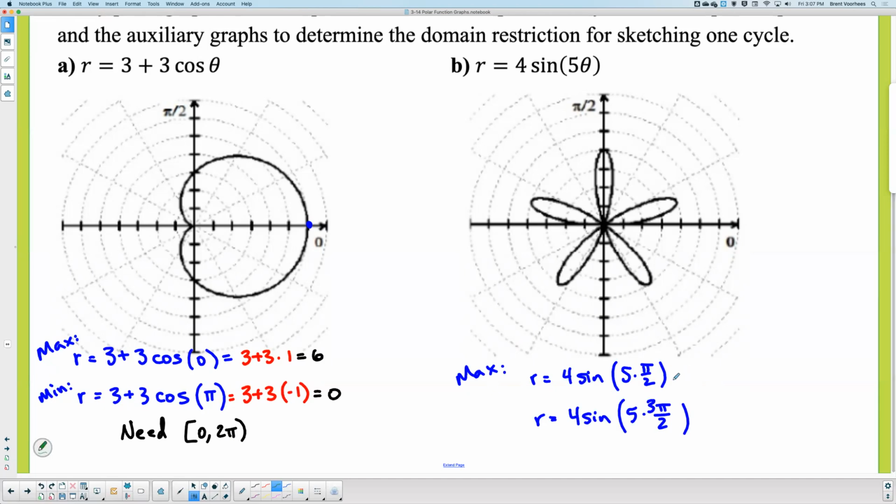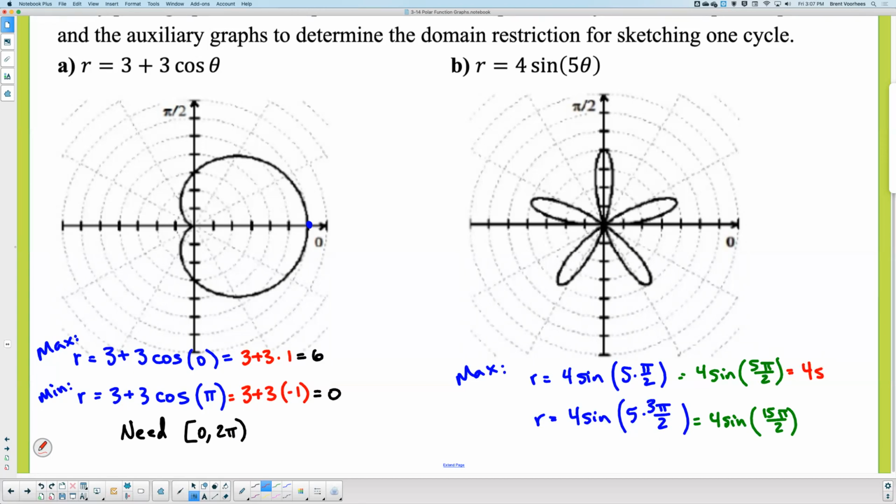Okay, so we go to simplify this. This would be 4 sine of 5 pi over 2, and this one would be 4 sine of 15 pi over 2. Because those are beyond one whole unit circle, I'm going to reduce them using coterminal angles. For 5 pi over 2, if you take away 2 pi, it's like taking away 4 pi over 2.